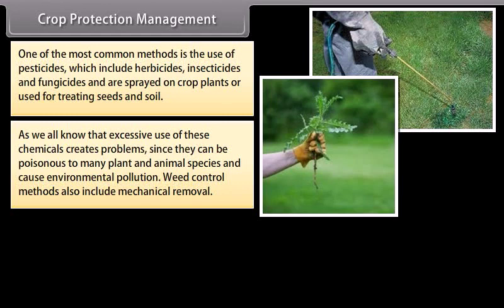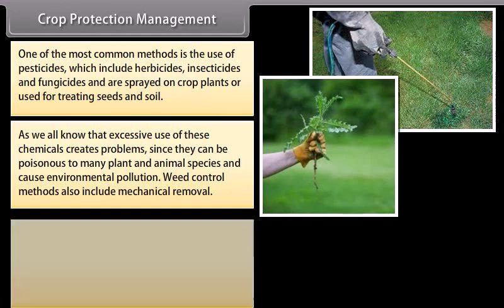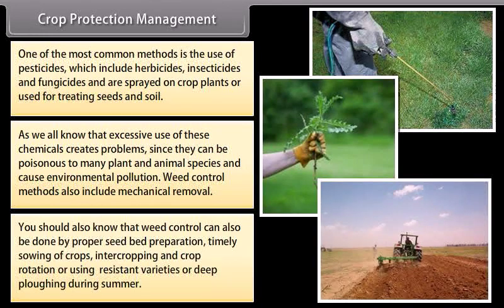Weed control methods also include mechanical removal. Weed control can also be done by proper seed bed preparation, timely sowing of crops, intercropping, and crop rotation, or using resistant varieties or deep plowing during summer.